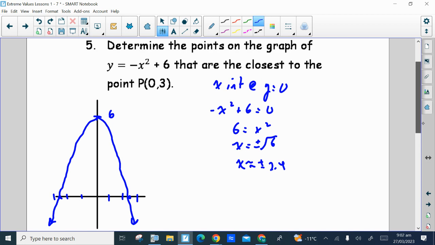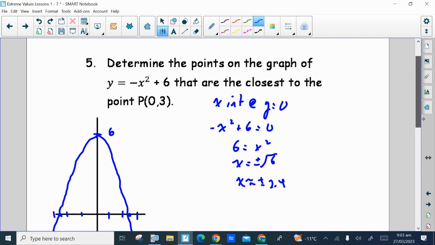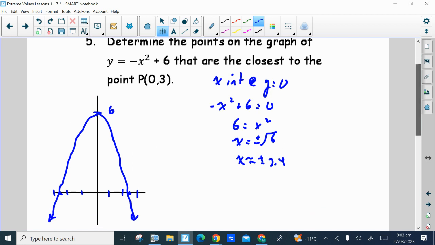Now we want to find the points on the graph that are closest to the point 0, 3. So 0, 3 is about right there. And we want to find the 2 points on the graph, there's going to be 2 of them, that are closest to that point.